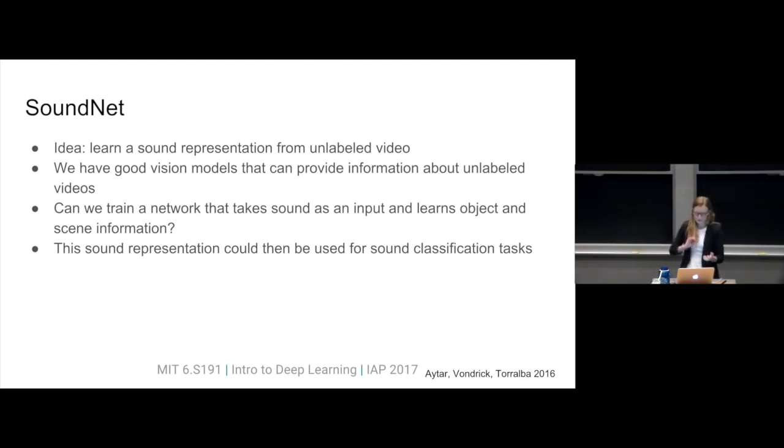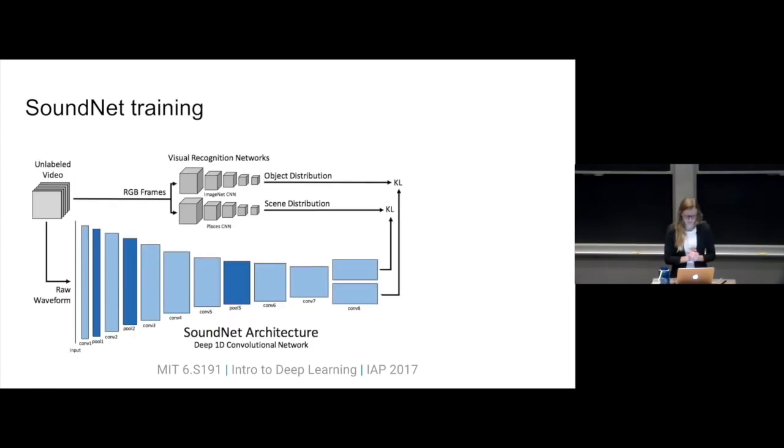So what we're going to do here is look at these unlabeled videos, and use these vision models that we already know are really good to help us learn about sound. So here's the model that's used. We've got unlabeled video, which we split up into RGB frames and the raw audio. The RGB frames are fed into already trained vision networks.